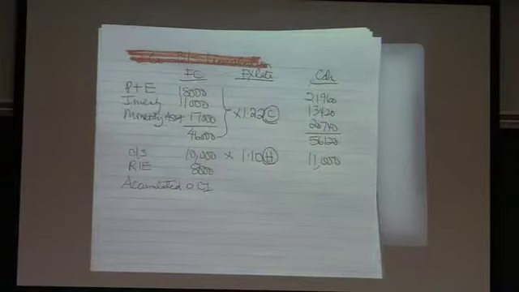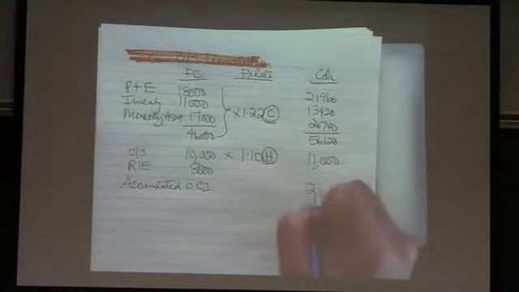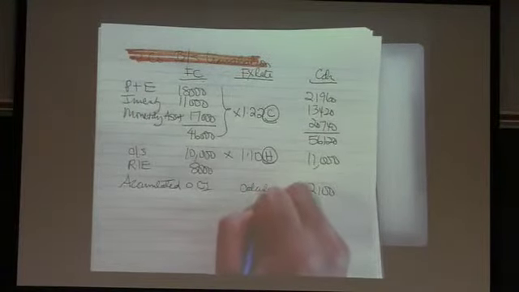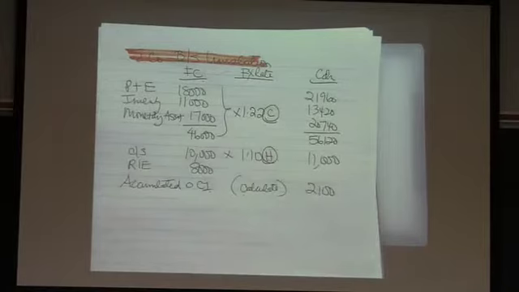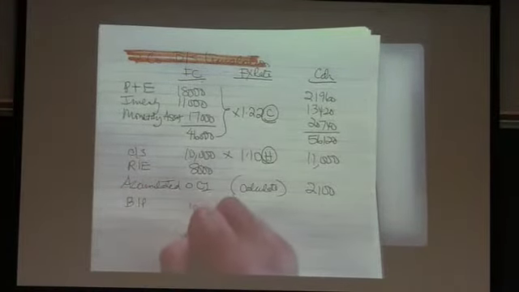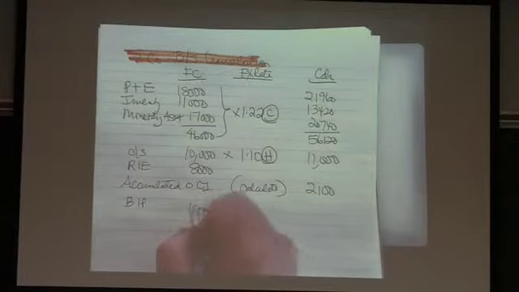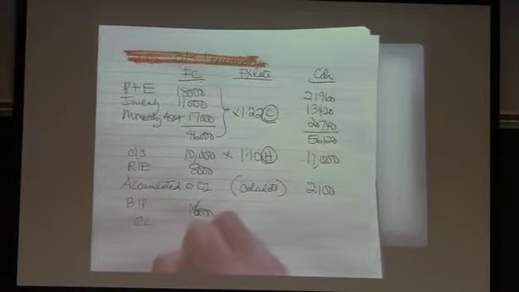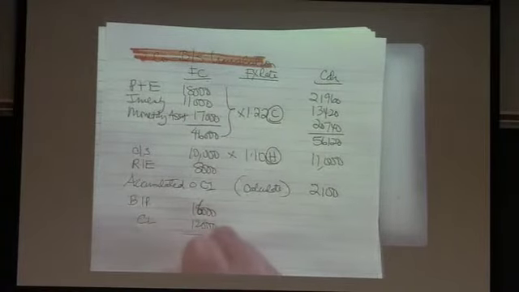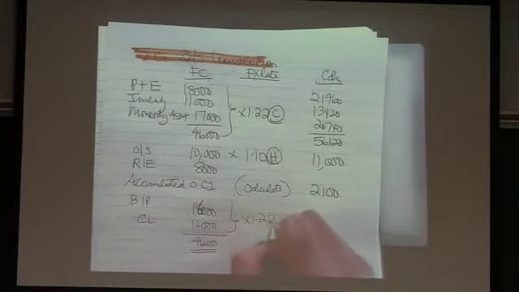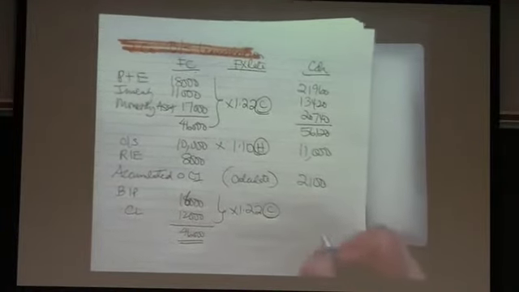It's going to be the $2,100. That's the one that we calculated, right? Bonds payable is $18,000, or $16,000, sorry, and current liability is $12,000. These are multiplied by $1.22, which is the current rate.